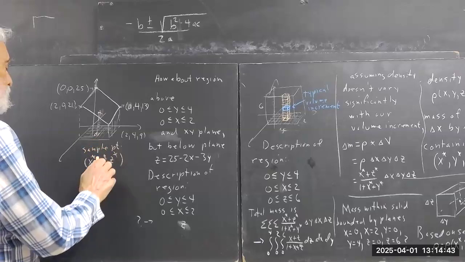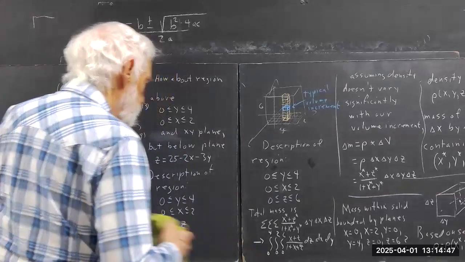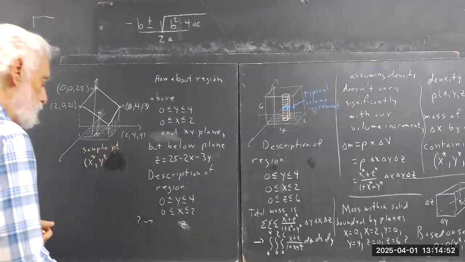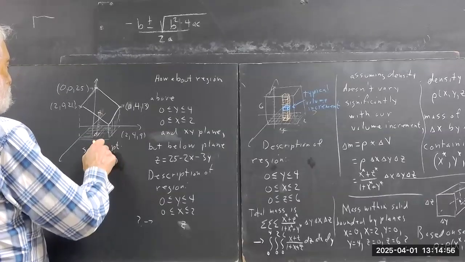Your sample point in this rectangle is x star, y star, 0.